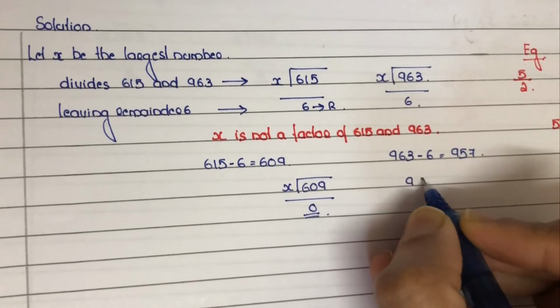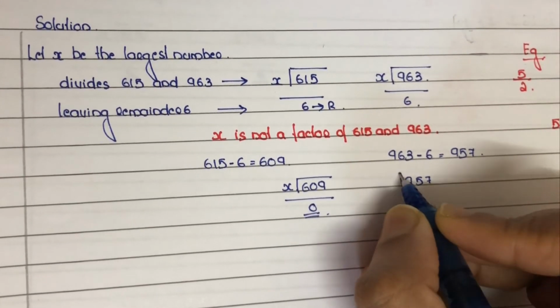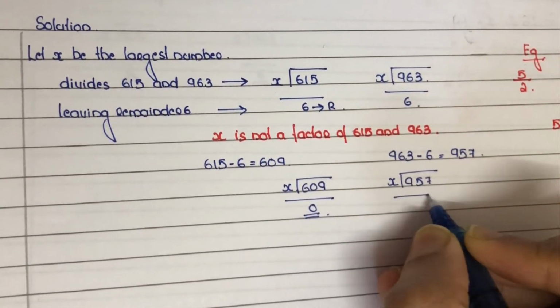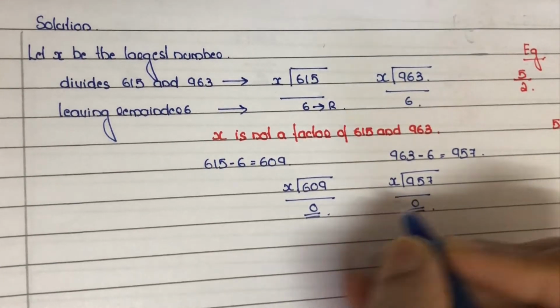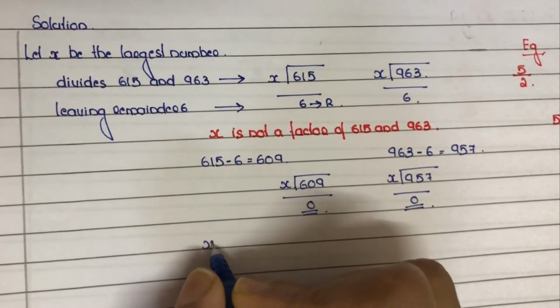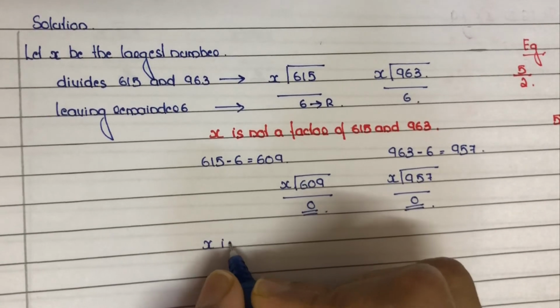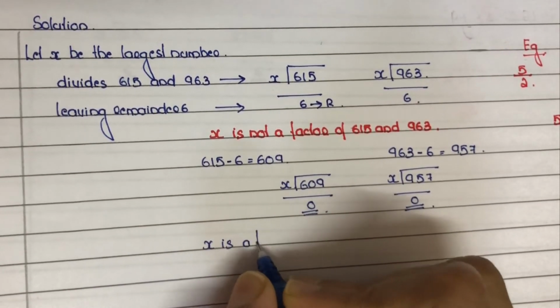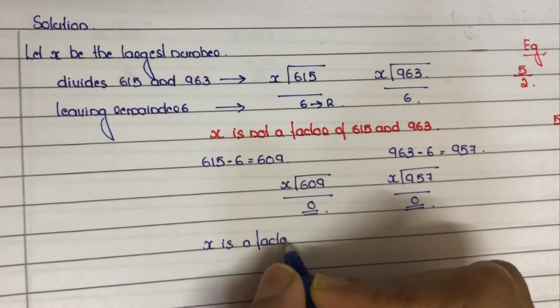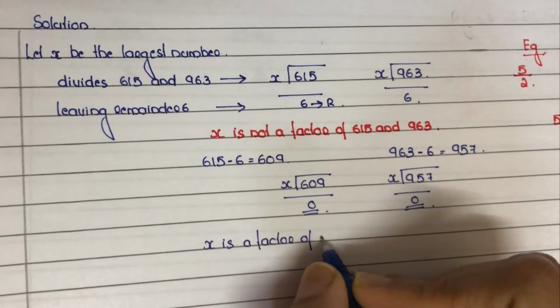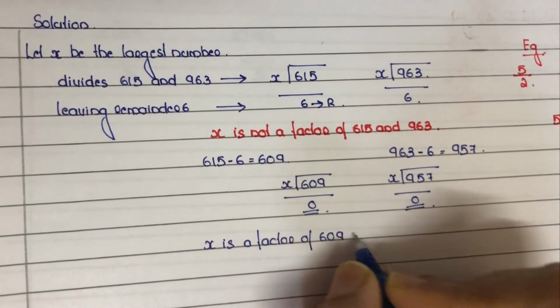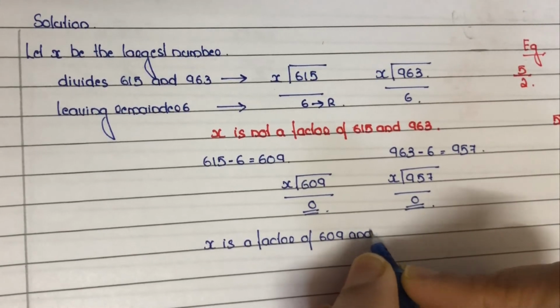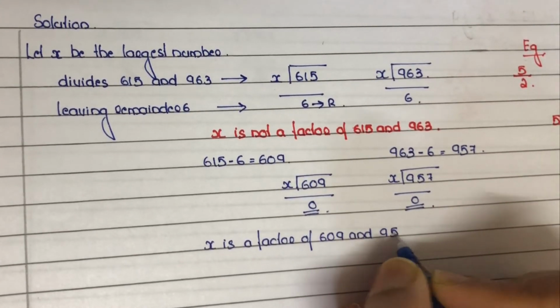Similarly, 957 divided by x, again you will get remainder equal to 0, which implies x is a factor of 609 and 957.